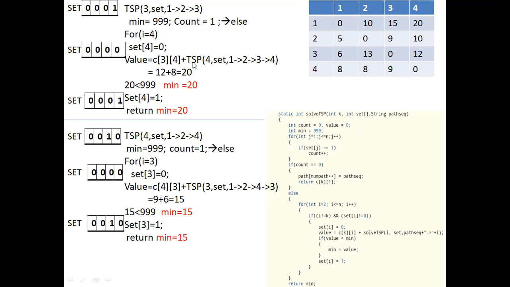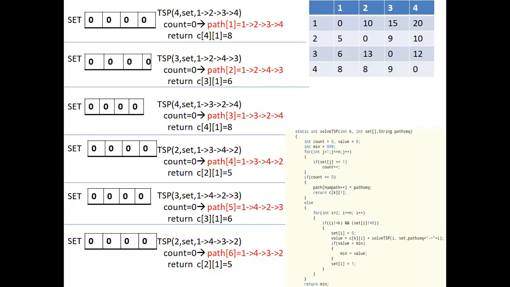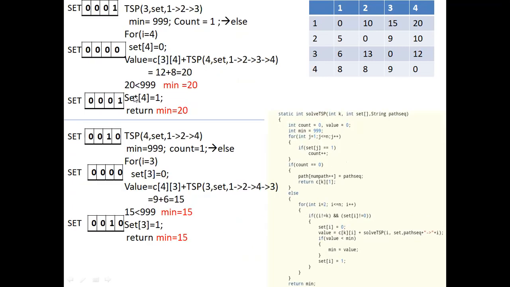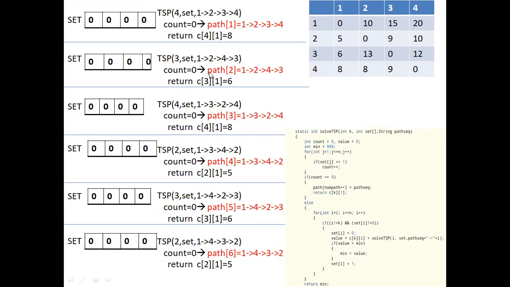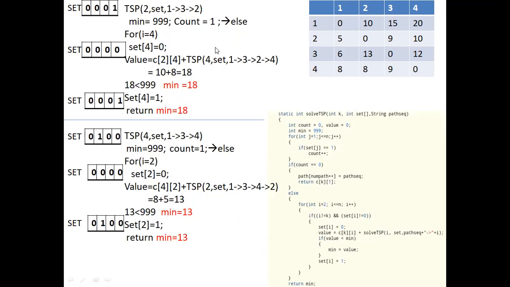So again we will consider another part over here. What do we need? SolveTSP of 4 comma 6 comma 1 1 2 3 3 2 2 2 2 4. So this one, 1 to 2, 2 to 3, 3 to 4. This value is what we require right now.